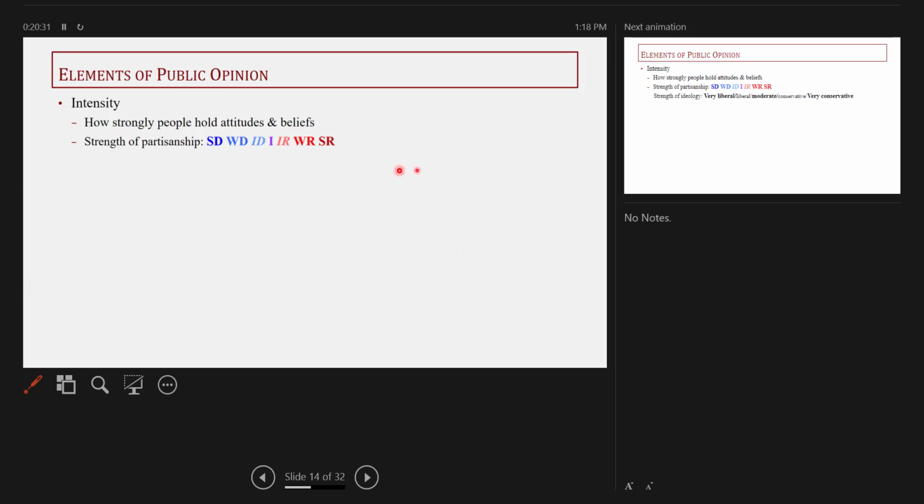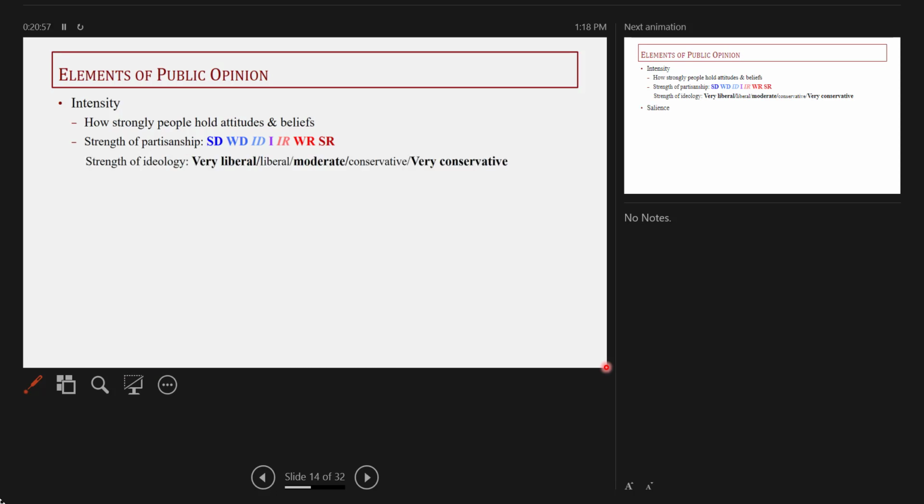And so with this scale, we've got intense Democrats on one end, intense Republicans on the other, and then in the middle we have independents, or independents that lean Democrat or lean Republican, that are much less intense.